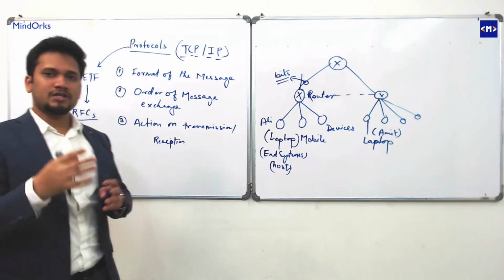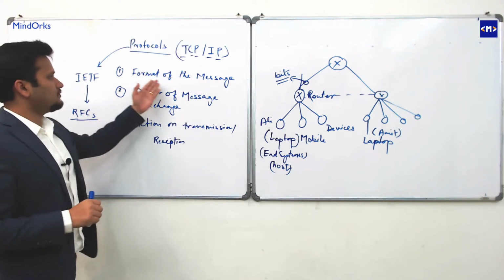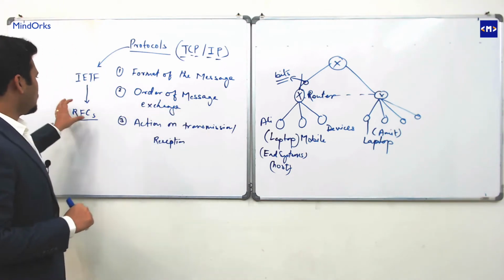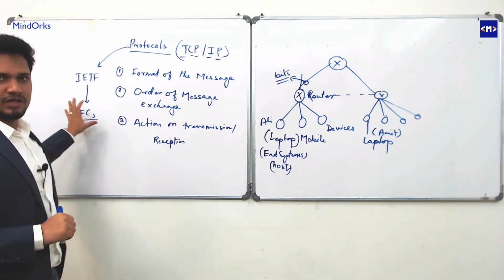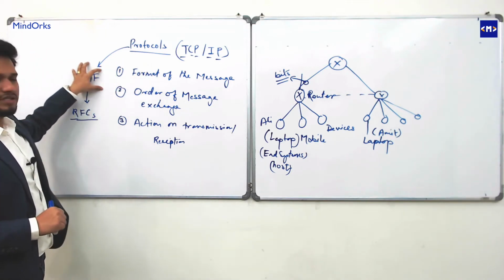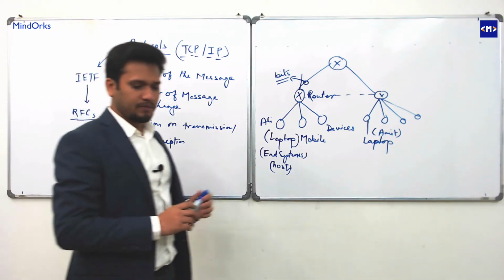When the internet was coming up, everybody was contributing what the format of a message should be, and what will happen when something is received. So these RFCs are documents that get converted into protocols, and this organization is responsible for maintaining these protocols.